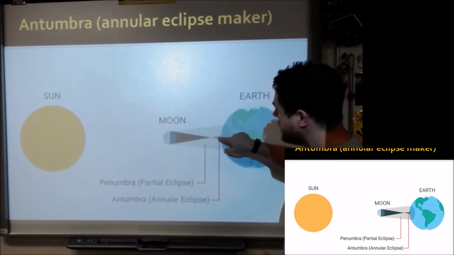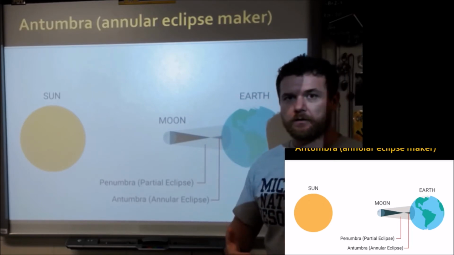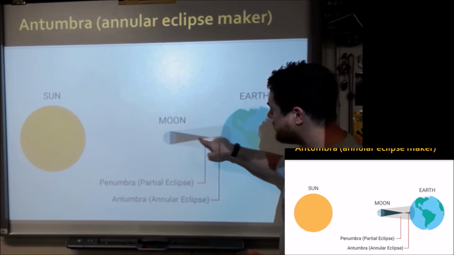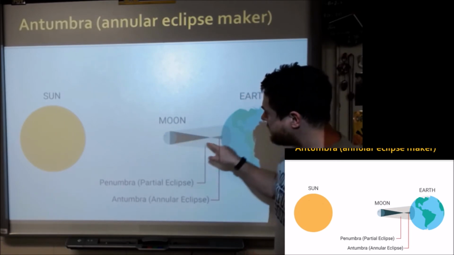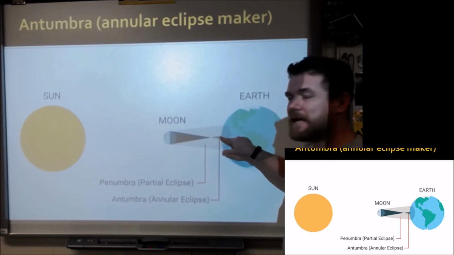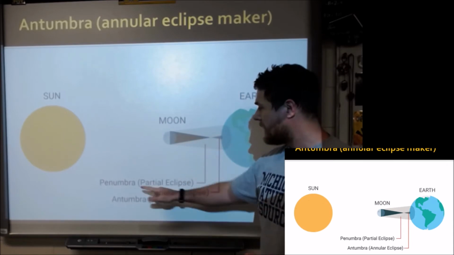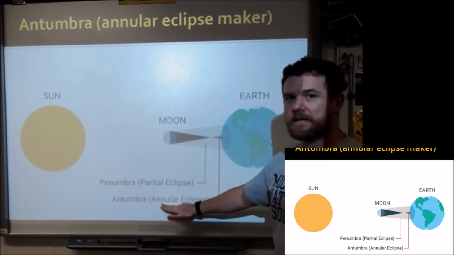The antumbra is the shadow that is falling on Earth from an annular eclipse. This would be the umbra, but the moon is too far away for this umbra to reach Earth. Instead, you get what's known as an antumbra. So we have an umbra, a penumbra, and an antumbra.